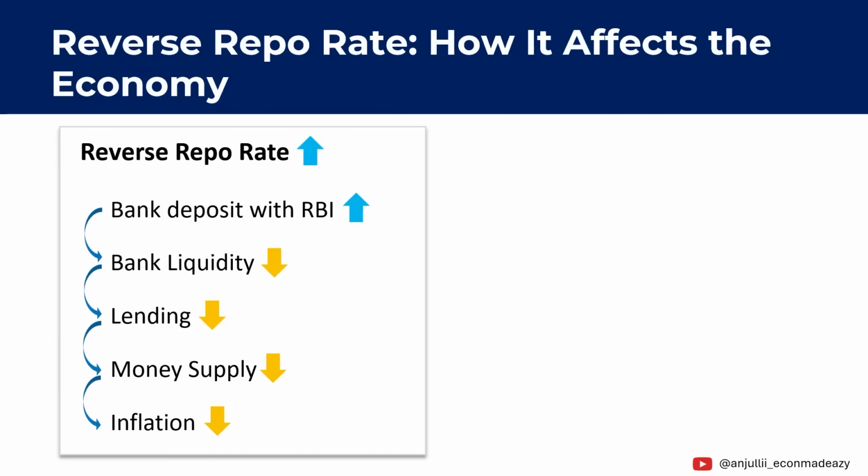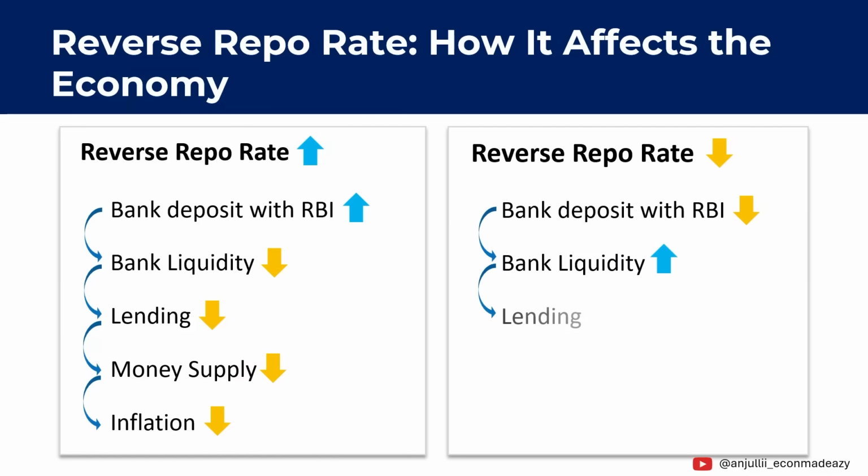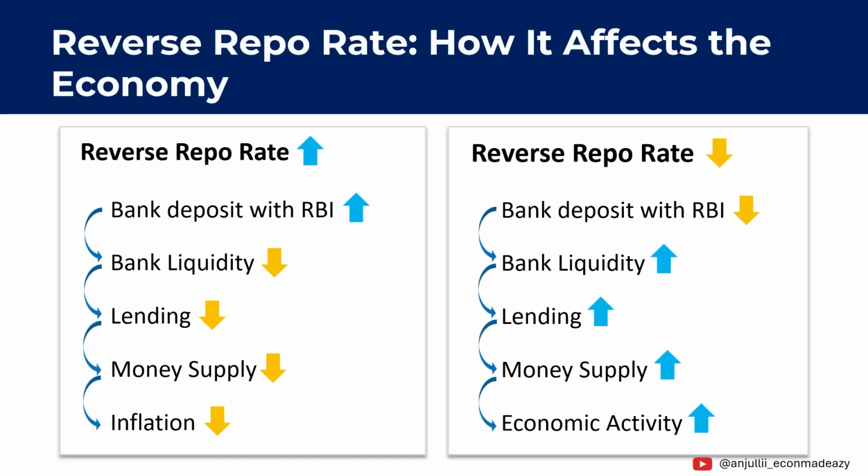On the other hand, when the reverse repo rate decreases, banks deposit less money with the RBI. This increases bank liquidity, lending rises, the money supply expands, and economic activity increases. So while the repo rate influences borrowing, the reverse repo rate helps absorb excess money from the system.